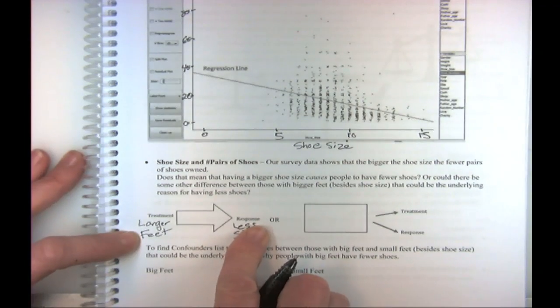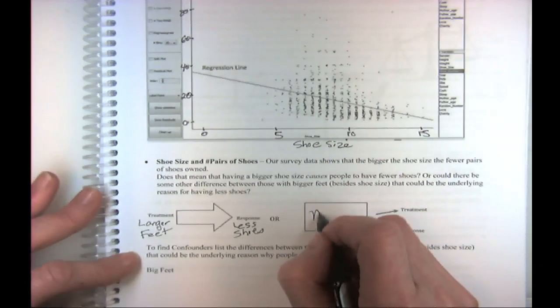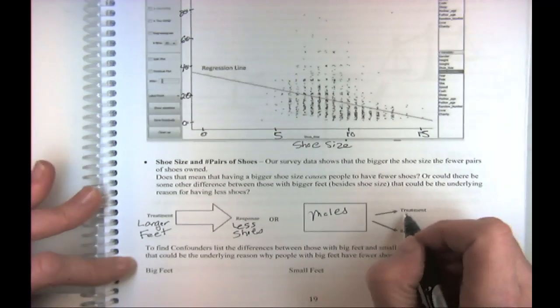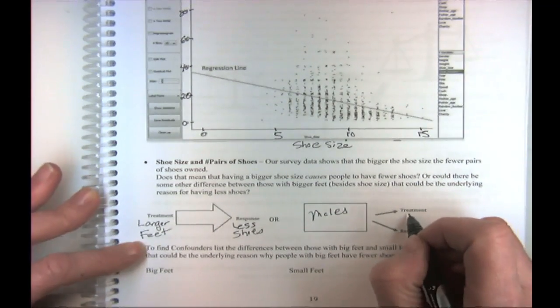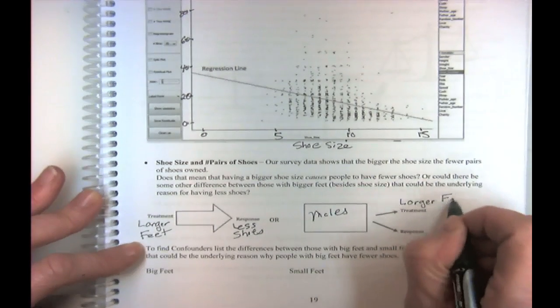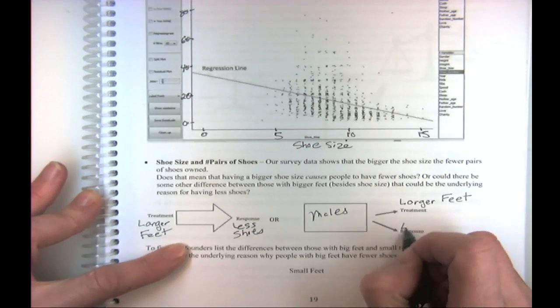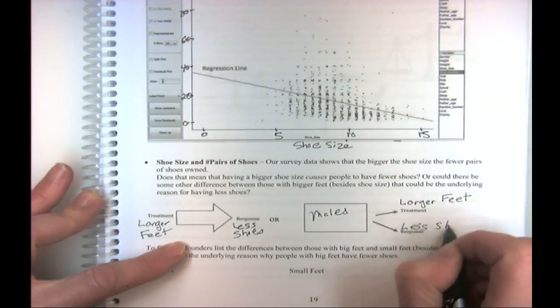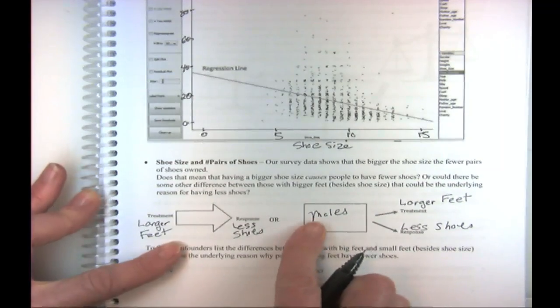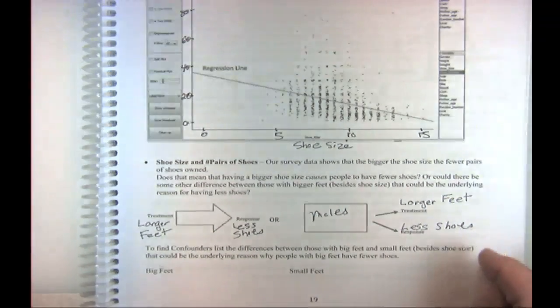Or is there some confounder, like gender? You could say, in this case, I'll say males cause both the larger feet and fewer shoes. Or you could say females cause both the smaller feet and more shoes.